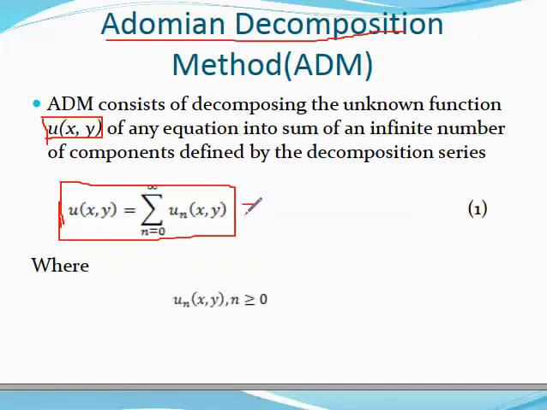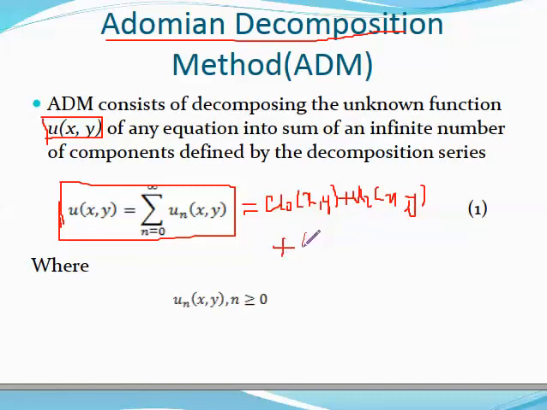Further, if you open this summation, it can be written as u_0(x,y), where x and y are the independent variables, plus u_1(x,y), plus u_2(x,y). It's a bit difficult to write mathematics, but we are trying our best.